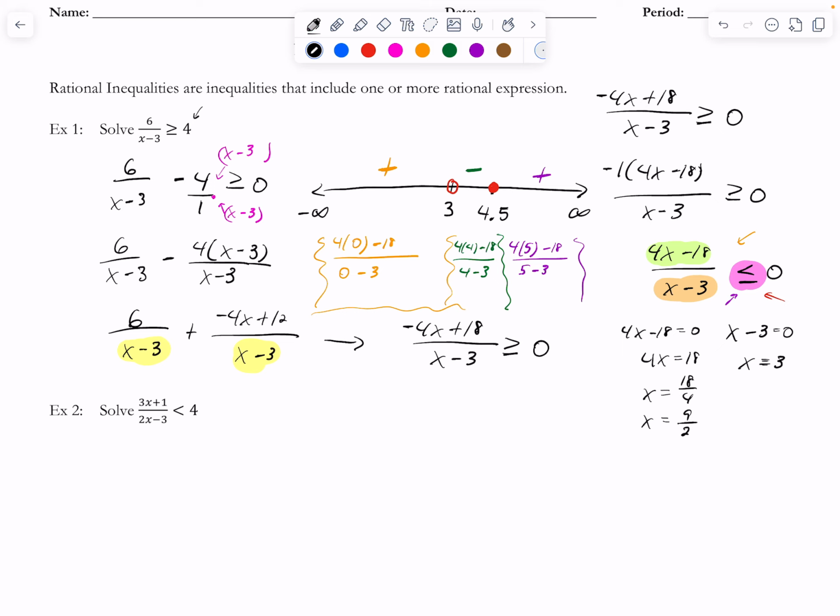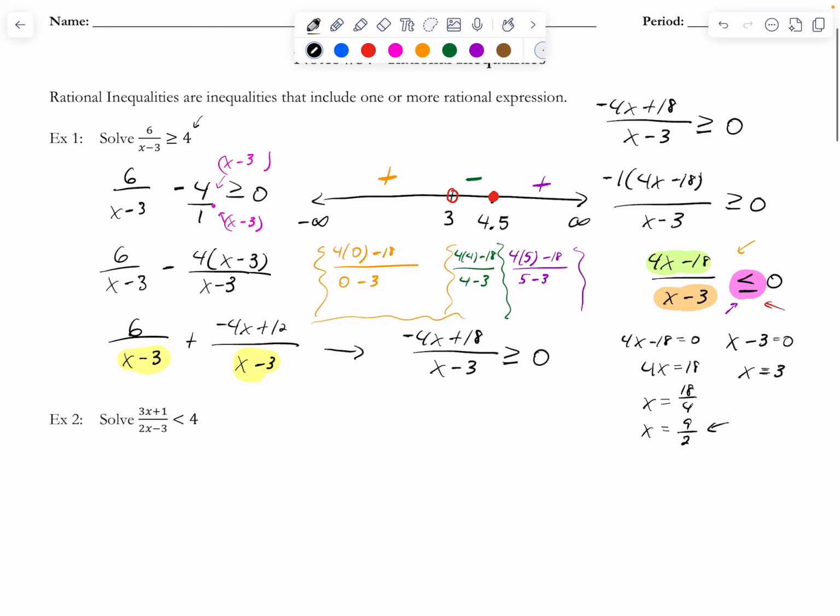But the only one that mattered was 4.5, which is going to be a part of this interval, so I don't need to worry about adding something else. So the answer for this is your values between 3 and 4.5. Notice I put a bracket around 4.5 because it is included, and 3 I did not include because it is an open circle.